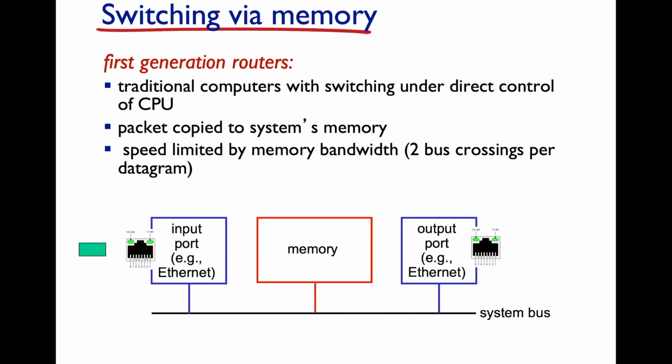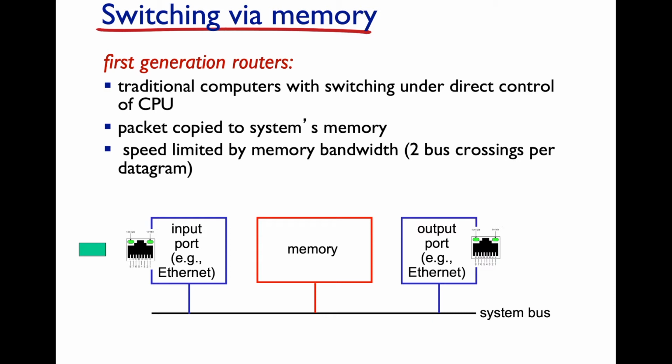And so let's take a look at switching via memory, and this is the approach taken by early routers. Now, of course, this is not a particularly good router, but it nonetheless is a router. And you can still today find special distributions of Linux that will allow you to set up and install your machine to turn it into a router.